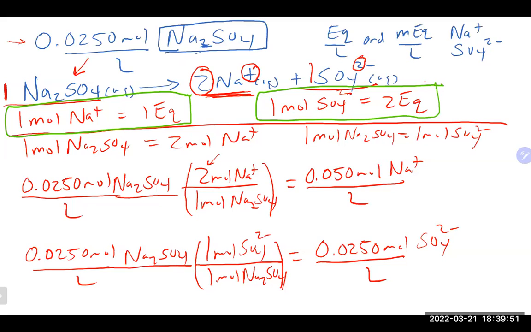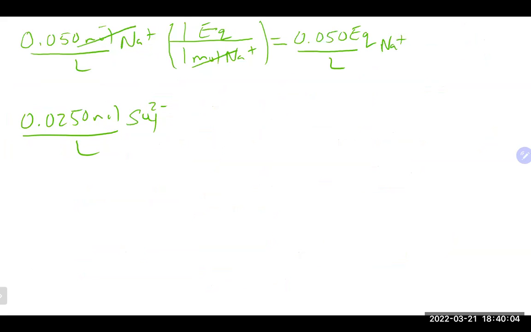Other questions? So again, using that equivalence relationship that we got for the charge, it allows us to change it to a different concentration unit of equivalents per liter versus moles per liter. And we also could convert this into milli equivalents per liter by using the conversion factor we talked about earlier. In 1 equivalent, there would be 1,000 milli equivalents.